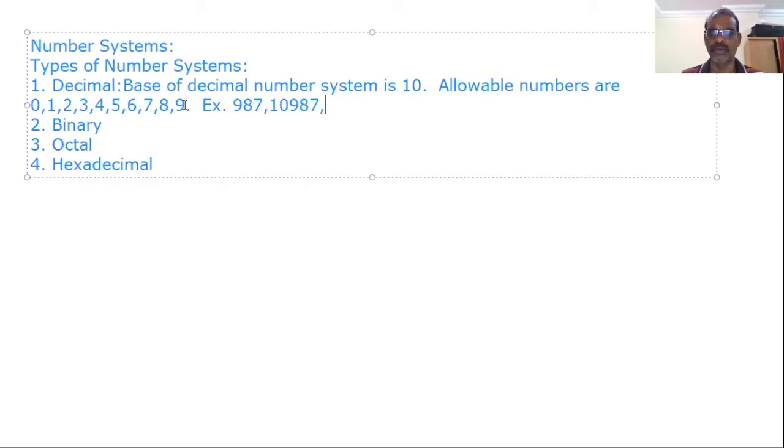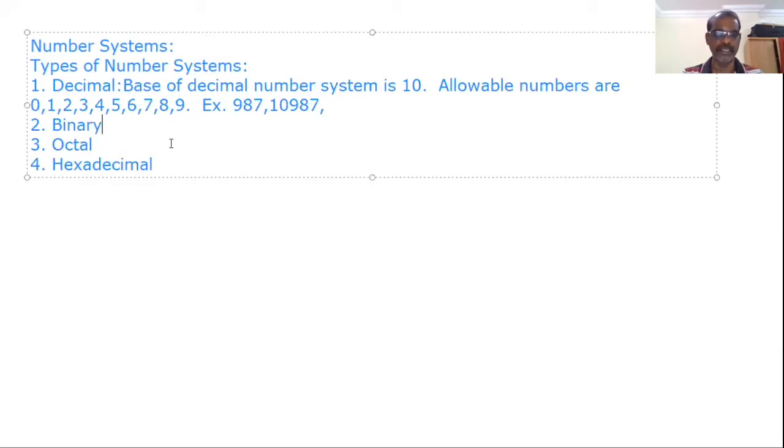Whatever may be the biggest number, whatever may be the smallest number, that number contains only any one of these or a collection of these 10 digits, 0 to 9. Okay, this is the decimal number system. Since in this decimal number system we are using 10 different digits, 0 to 9, the base of the decimal number system is 10. In normal life or normal mathematics, we are using only the decimal number system.